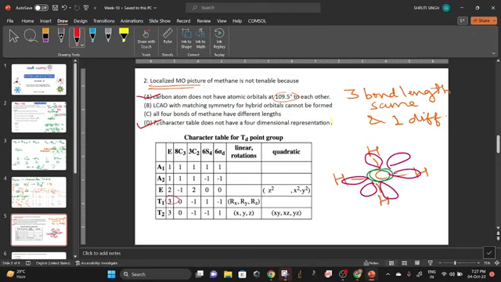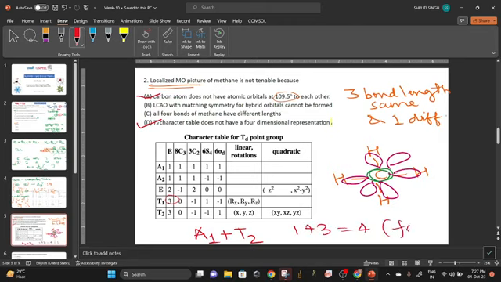So we have to write it as a linear combination of these two. It goes like A1 plus T2. T2 is 3, A1 is 1, and 1 plus 3 equals 4, which gives 4 bonds.